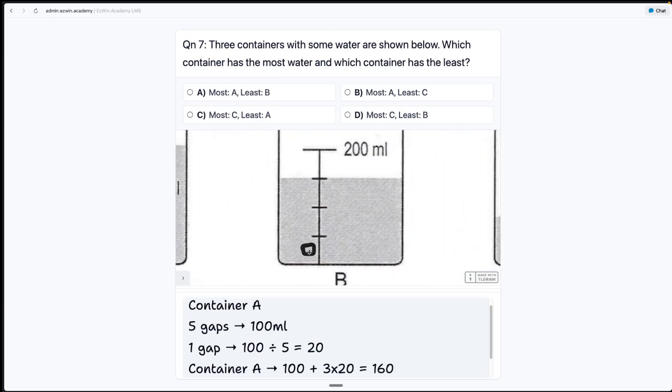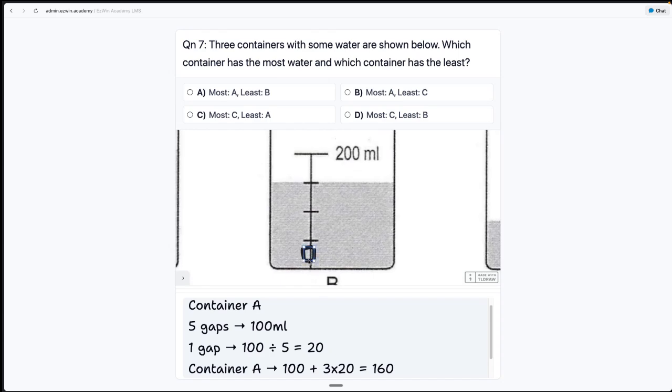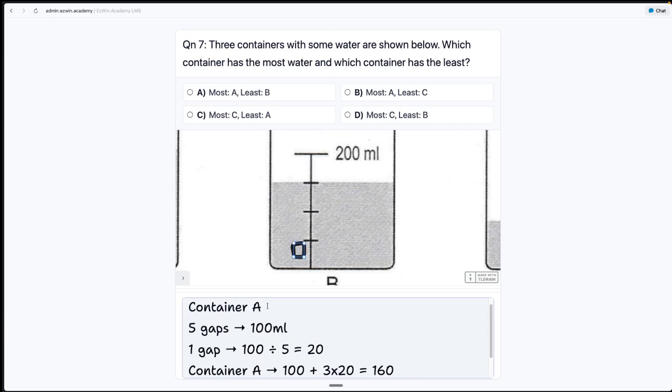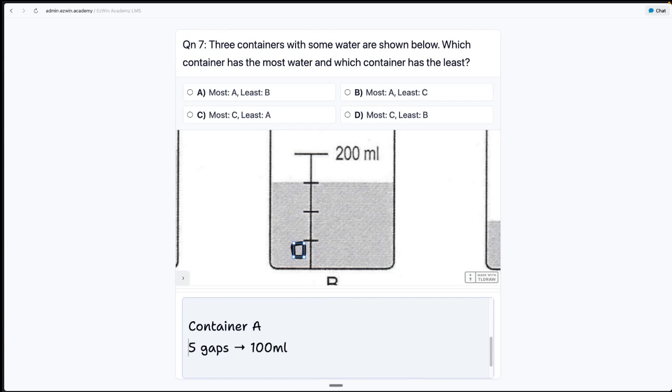Okay, let's move on to B. Over here, we have a bunch of gaps as well. We have 1, 2, 3, and 4. So for container B, we have 4 gaps.